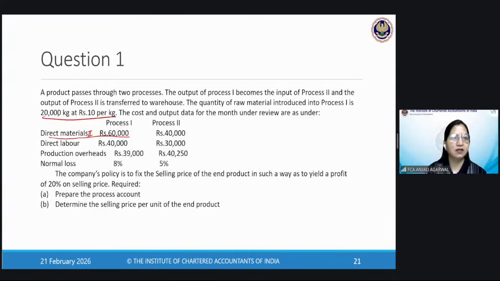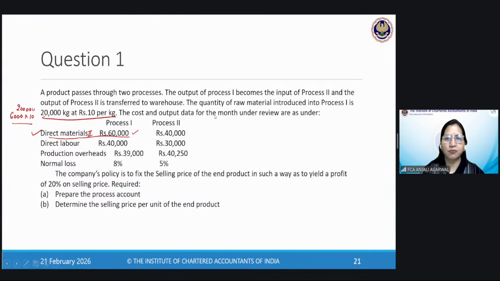Had this been 6,000 units at the rate of 10, then I might have assumed that the direct material of 60,000 is written here. But now this is 2 lakhs and this is 60,000, so it implies that process 1 also requires some secondary material as well.